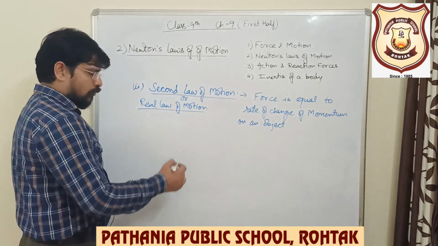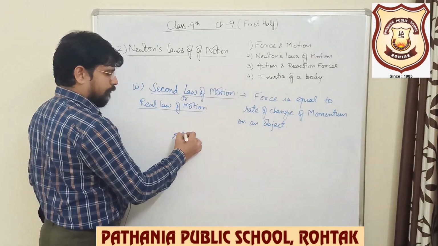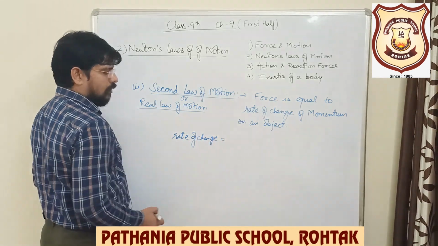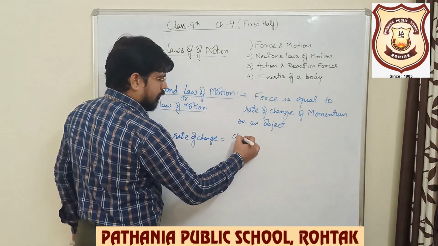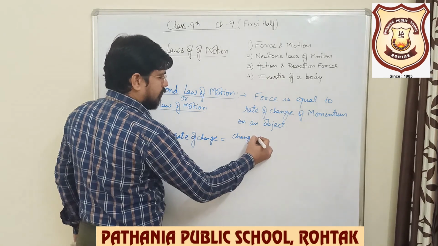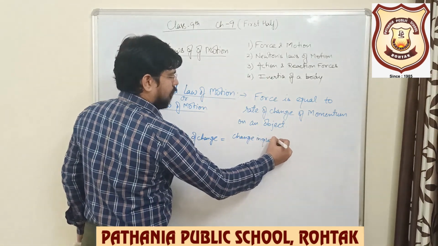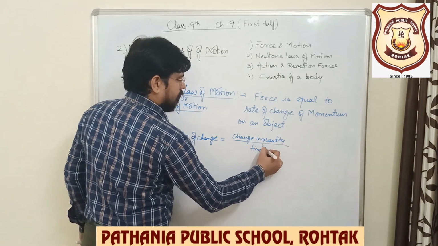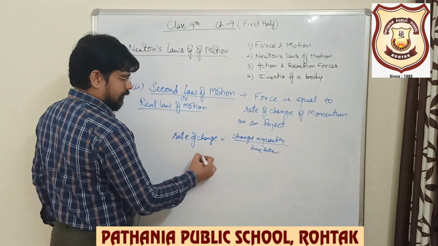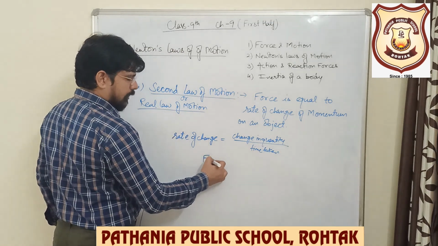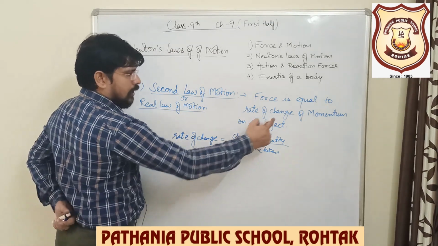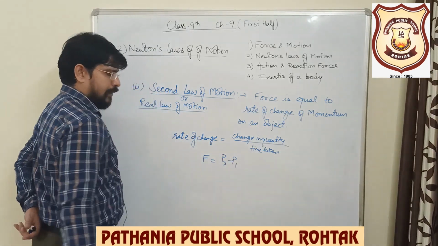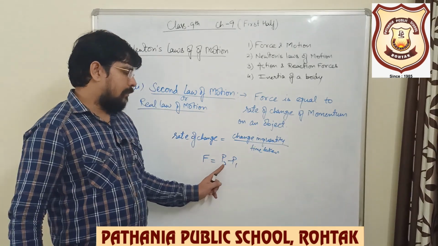So what do we understand by rate of change? Rate of change of any quantity is the change in that quantity divided by the time taken. In this case, the quantity is momentum, so the change in momentum is P2 minus P1, final momentum minus initial momentum.